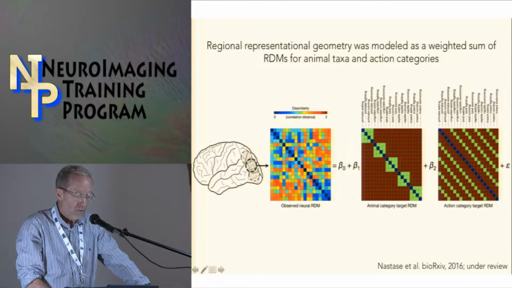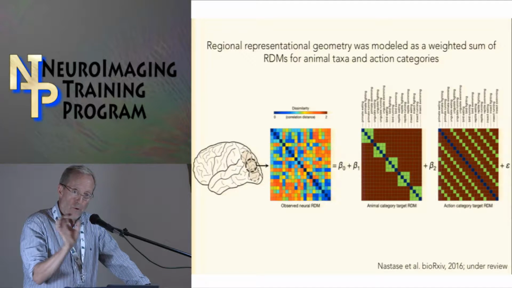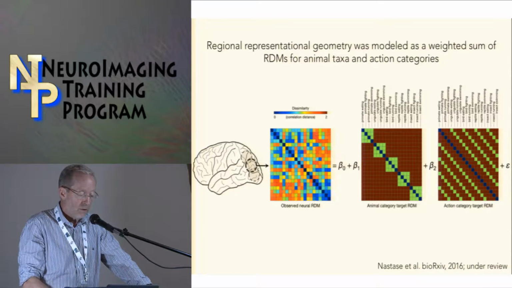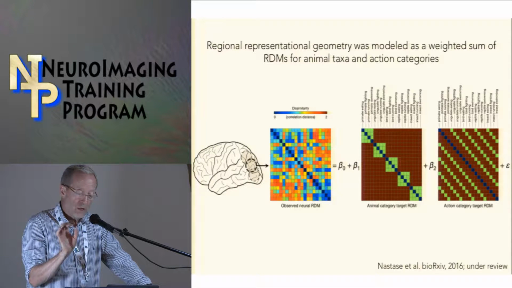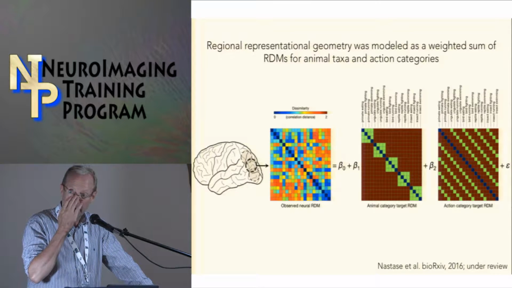And the other, this one over here, they're asking, are the responses to the same action more similar than responses to different actions? So to what extent are the patterns of response more similar for primates versus primates as in contrast to primates versus insects? The other is, how much are the patterns of response more similar for eating versus eating as compared to eating versus fighting? Okay?